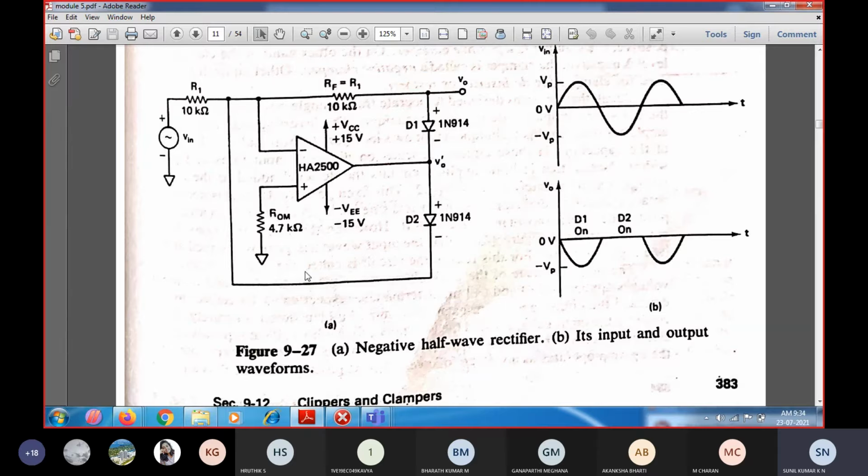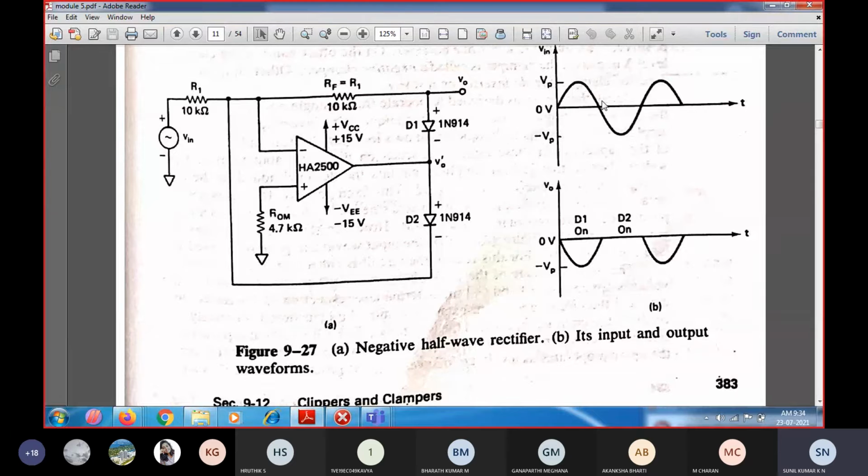So from the output to the inverting input, this feedback path will be discontinued, because diode D2 will be acting as an open circuit. Whereas the forward biased diode D1 completes the path in the negative direction, so during the positive cycle of the input you will be getting the output in the negative direction.